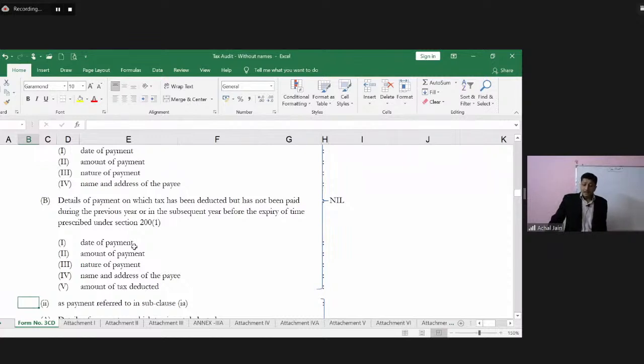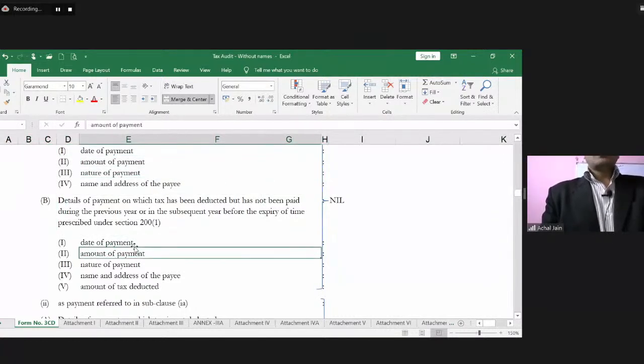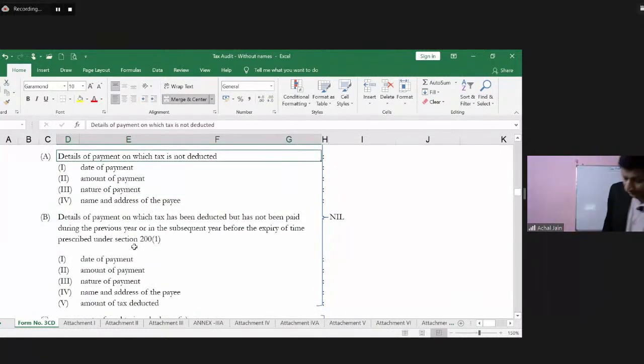Herein, another line item which gets added is the amount of tax deducted. If you see in A, it was not there. Here, there are only 4 points. However, under this, there are 5 points. Why? Because over here, if the payment has gone without deduction of TDS, tax deducted at source, then it will not get captured because there is no deduction of tax.